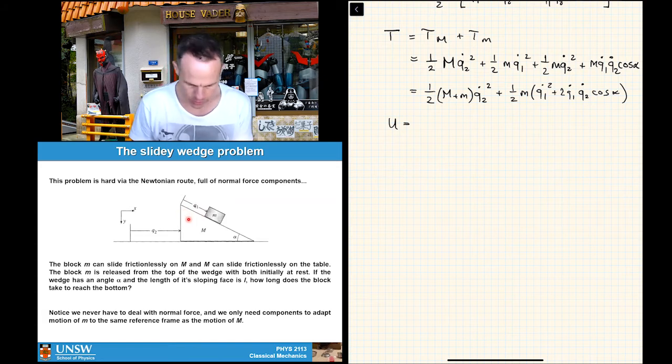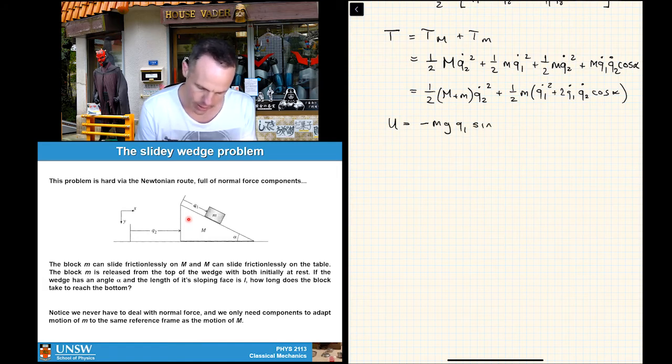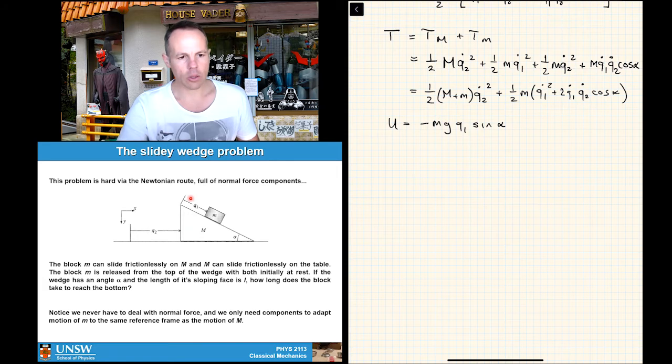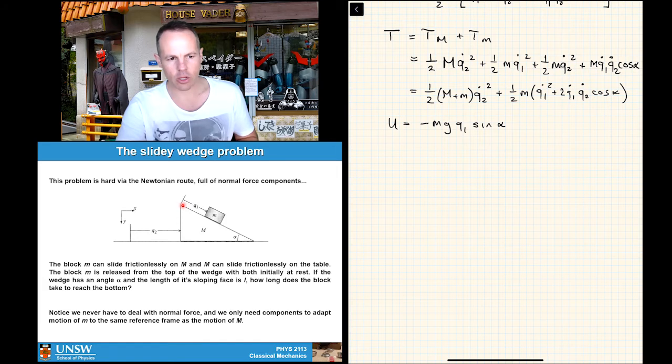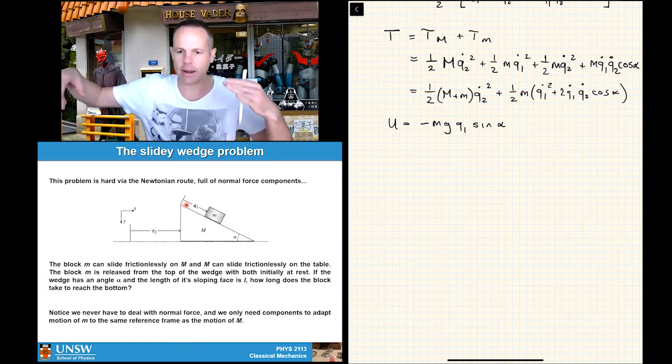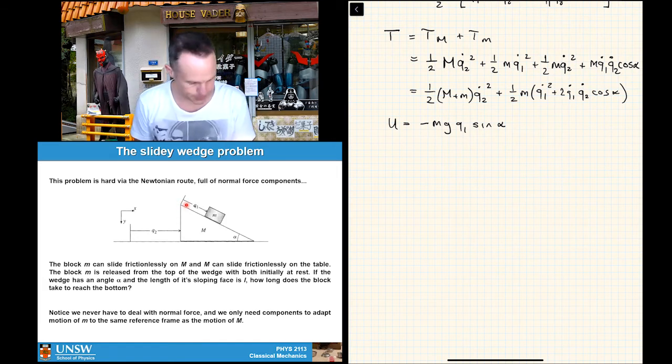So we can get this one pretty simply. It's basically just going to be minus mg q1 sine alpha, where q1 sine alpha is just the position component along this direction. And we're basically deciding that our zero is where we start at the top, because we could add a constant onto that and the constant would go away.